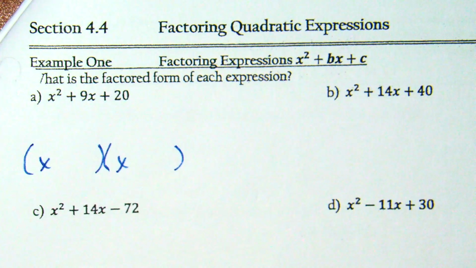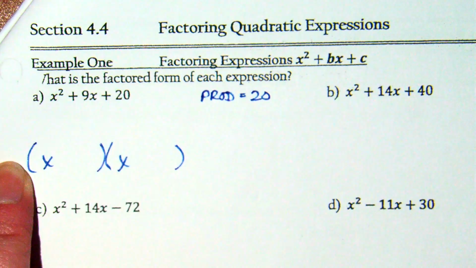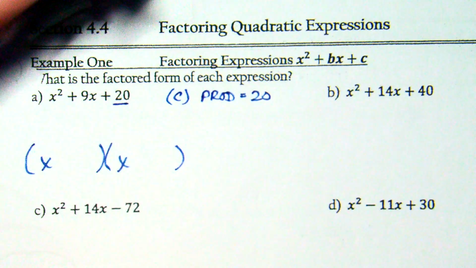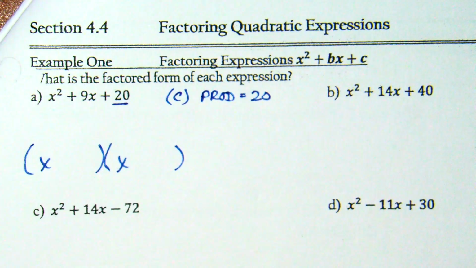Now, to get those numbers, we have to look for two numbers that give us a product of 20. And why 20? Because 20 is my C value. Whatever that constant is, we want two numbers that give me a product of that constant.